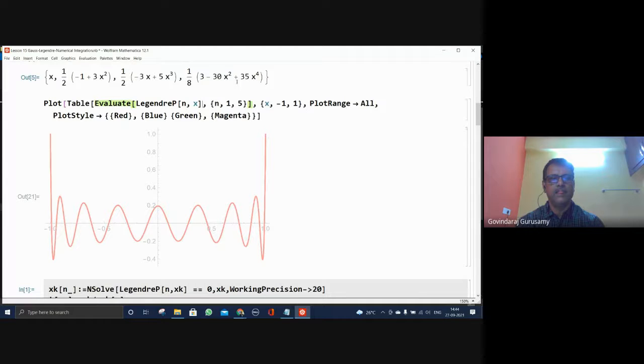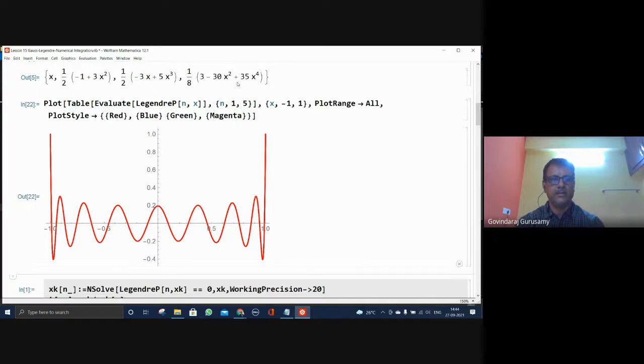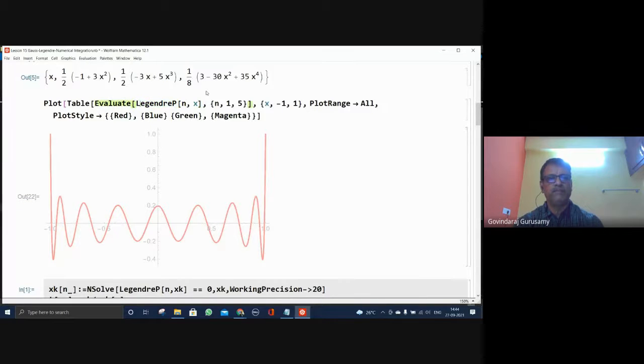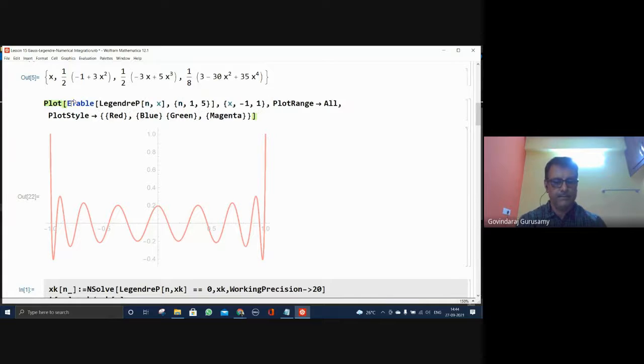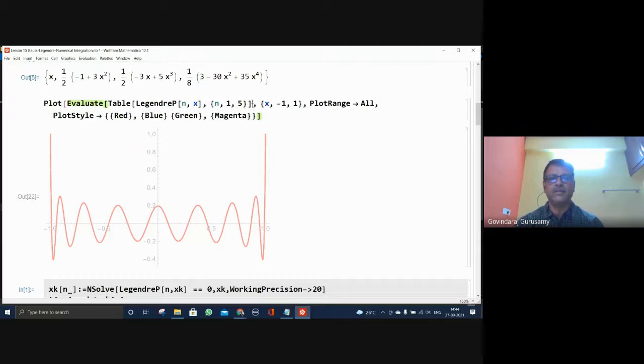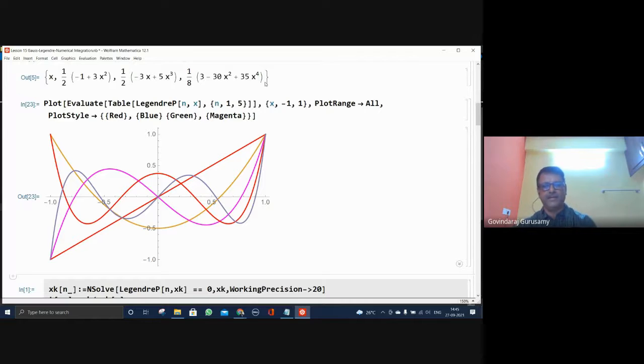Table. It should be closed here. Okay, we'll try here, because we want to distinguish one curve from the other. I'm just looking for the possibility of getting different colors. Okay, I'm able to get it now. Evaluate, and it gives, I think there is no control over that. It has taken its own color.